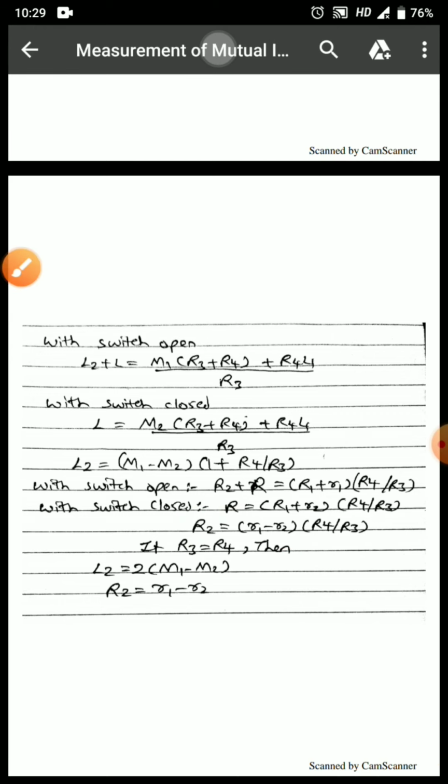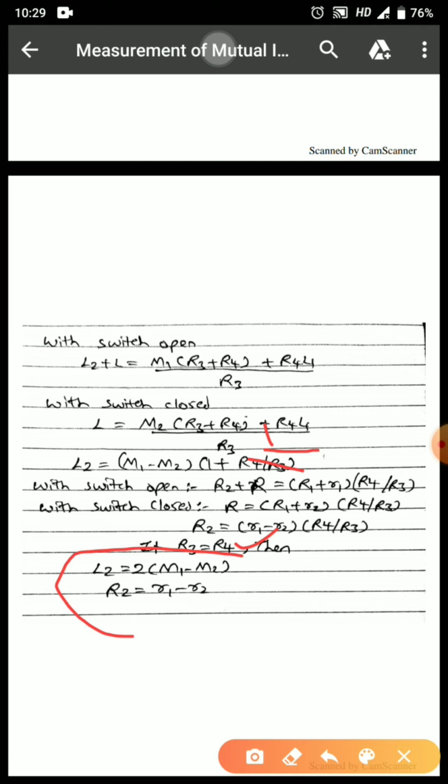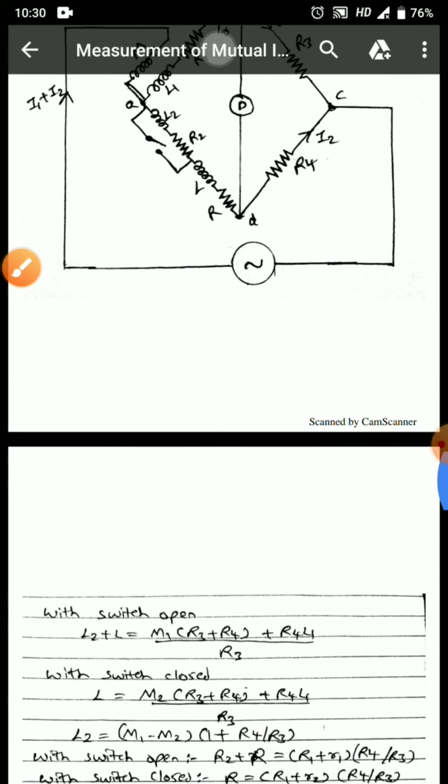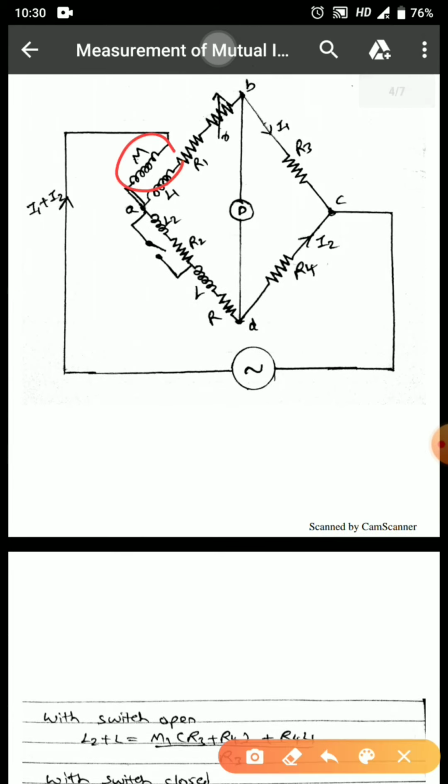So if I make R3 equal to R4, this will cancel out and become 1. So I'll get 2 L2 is equal to 2 into (M1 minus M2) and R2 is equal to R1 minus R2. In this manner, I can clearly find out all the values of my self inductance, right? So self inductance value can also be calculated with the help of mutual inductance if the values of mutual inductance are known. This is why we will be using Campbell's modification of Heaviside bridge.